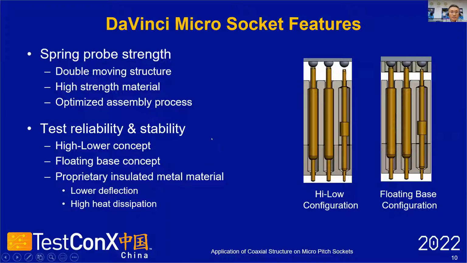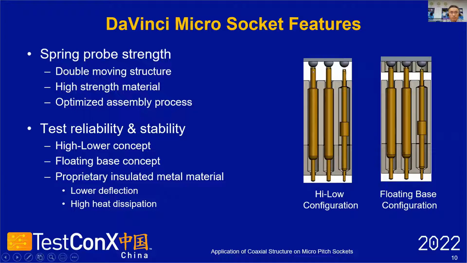Regarding the test stability and reliability, we also have some special concepts to improve it, as you can see in the picture here. We call it the high-low configuration. You can see the stronger power ground pin is set higher than the signal probe.